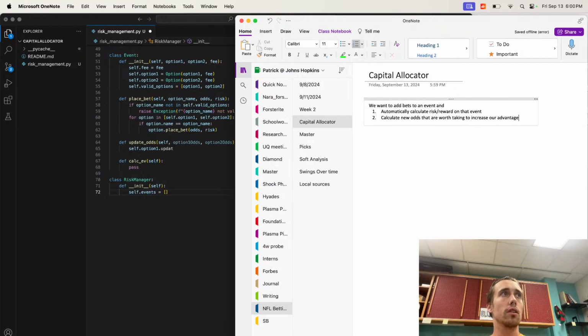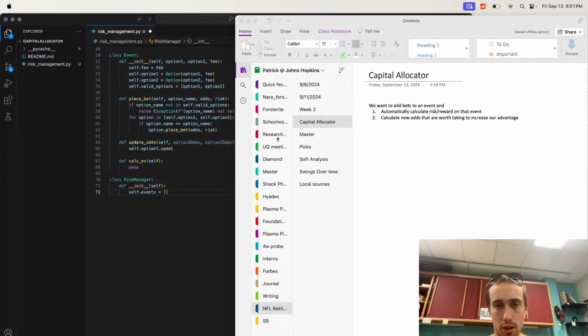So we want to know where we're sitting at, and then we also want to know what is a swing that's such that we want to take a bet on it. If it swings, do we want to take this bet or not?